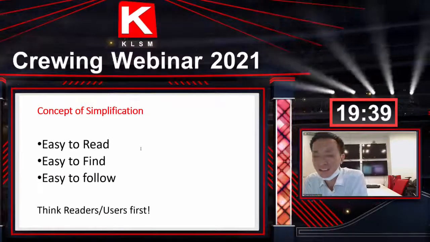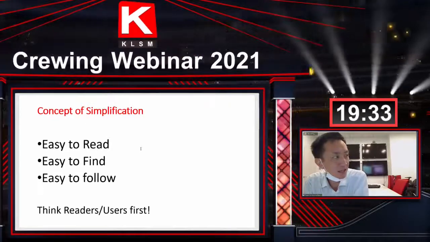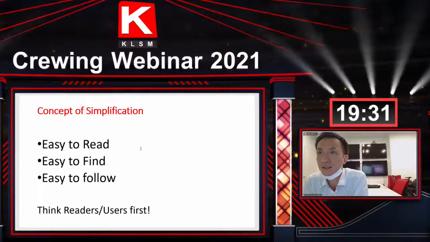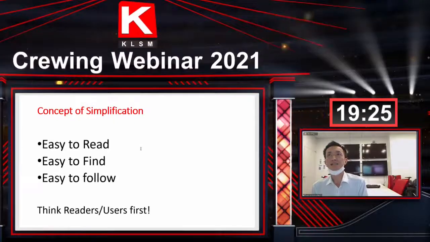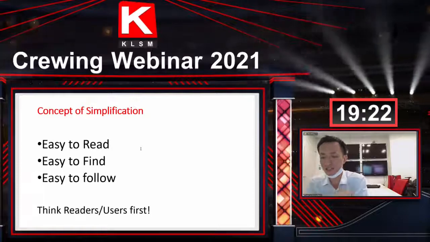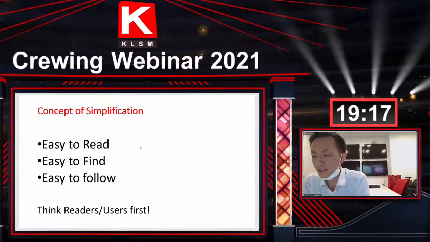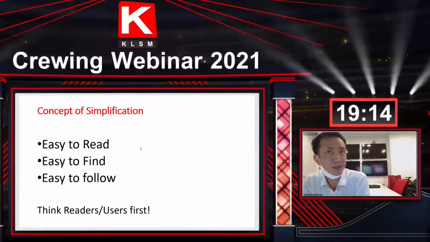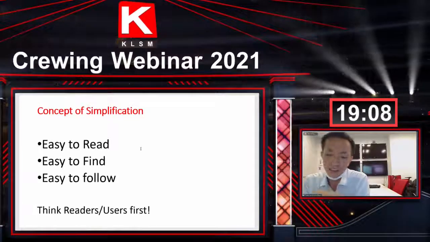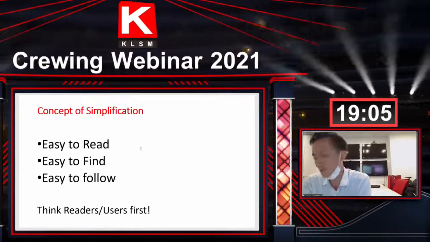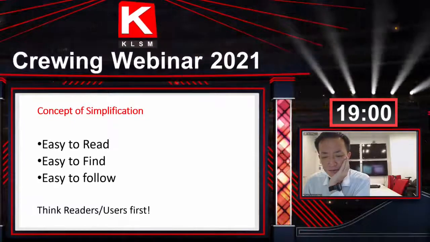The QCG members and other MSI and TSI members are joining this project. So far, 16 writers are working on it, trying to simplify the SMS manual while doing their own jobs. So this is the concept of this simplification project. Next one.